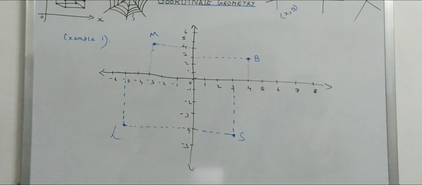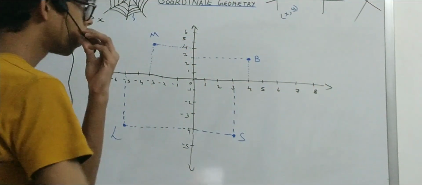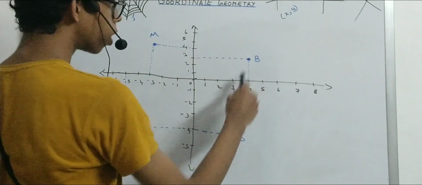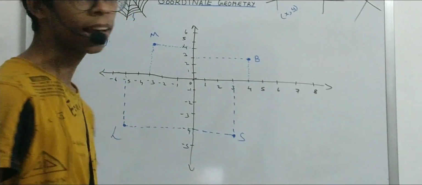The first question is, the abscissa and ordinate of the point B are dash and dash respectively, hence the coordinate of B is dash. Let's see where our point B is. Here in a Cartesian plane, point B lies over here.